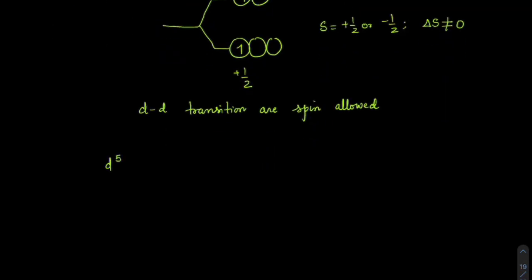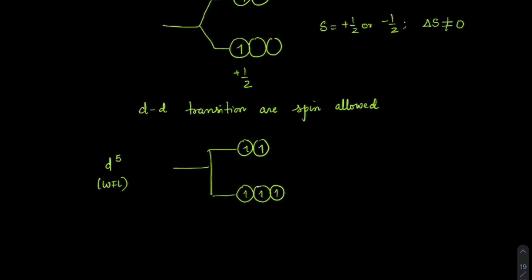See, if you take D5 which is a weak field ligand, you can see 1 2 3 4 5, this is how it is.